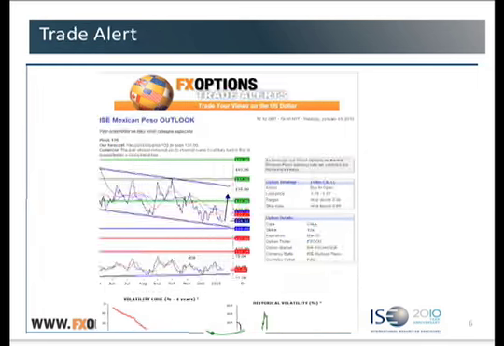During the month, at least 4 times a month, we provide trade alerts, which are registered in our performance portfolio. The last one, as I told you before, is about the Mexican peso. It was released last January, the 19th of January. As you can see, the pattern was very interesting.